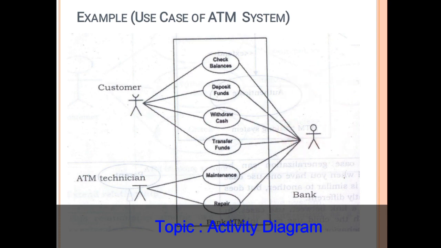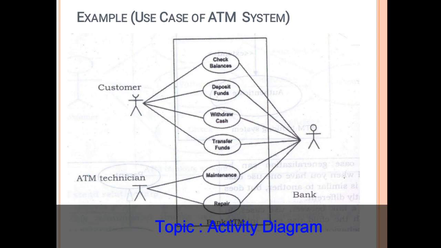This symbol is known as an actor. An actor can be a person, machine, system, and so on. Here the customer is a person, the ATM technician is a kind of machine, and the bank ATM system is a kind of system.